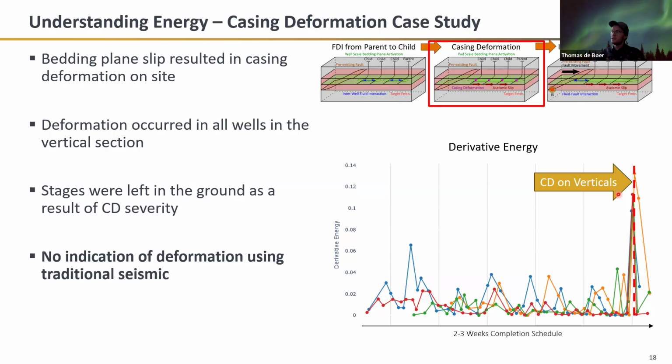And so I have here in the bottom right, the derivative energy across several of these wells as completions progresses. We can see here there are some earlier spikes in this derivative energy. So some wells will see a few stages where there's a larger energy release than typical. But across this 2 to 3 weeks completion schedule, we can see that there's a distinct spike here towards the end.